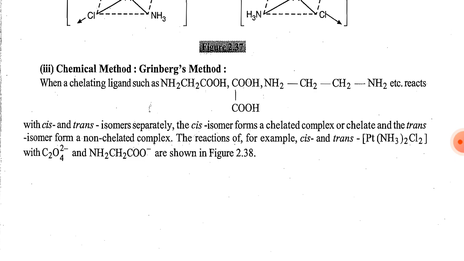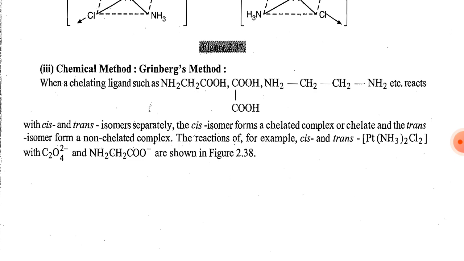So the cis isomer with this bidentate chelating ligand will form a chelated complex, but the trans isomer will form a non-chelated complex.